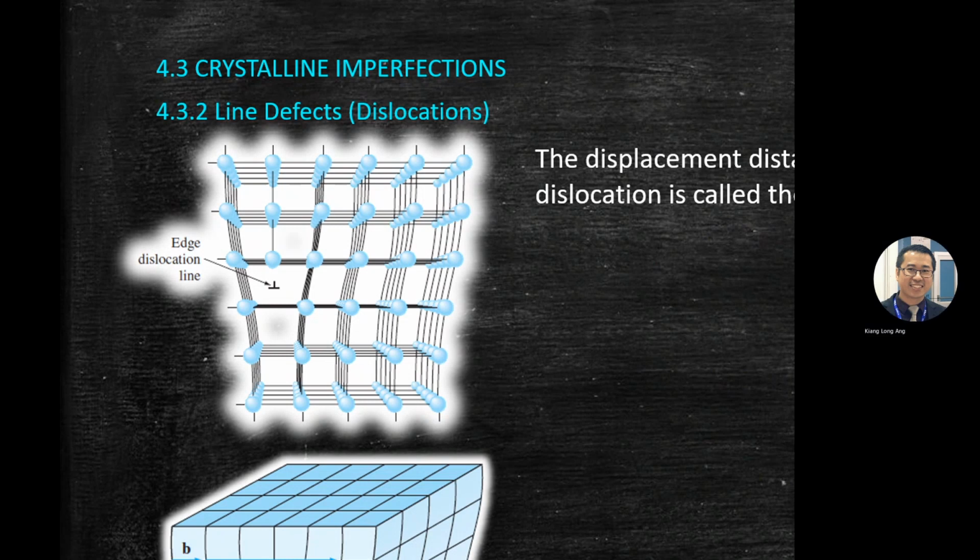Then you use a vector. There's a vector B. This is called the slip or Burgers vector, for line defect.